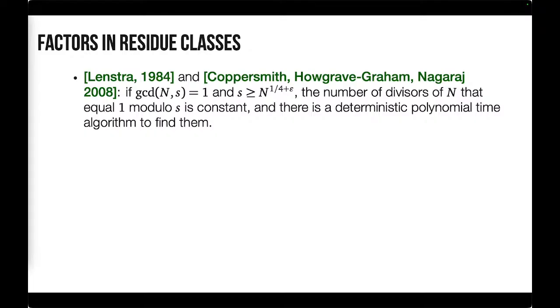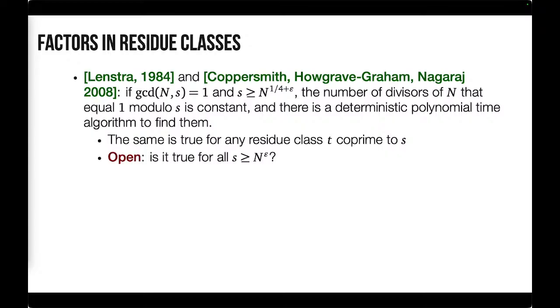You're given N and S? Yes, there's an algorithm where you get N and S, and you find all of them. It is able to recover all such prime factors. And there's nothing special about 1. It's true for any residue class.